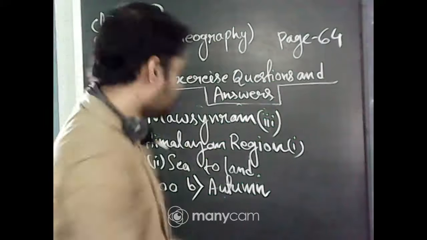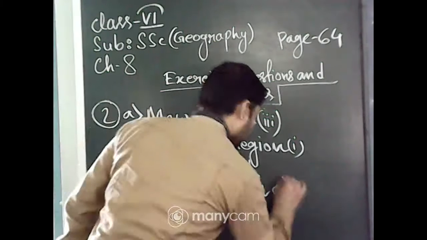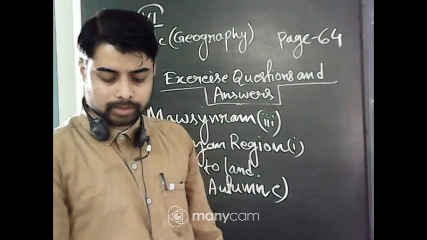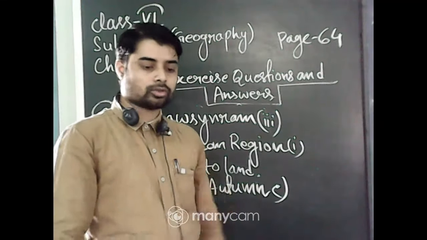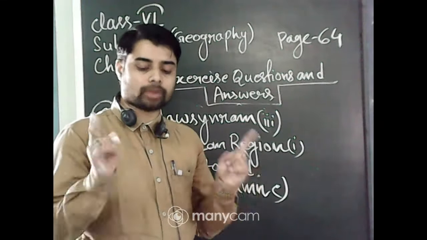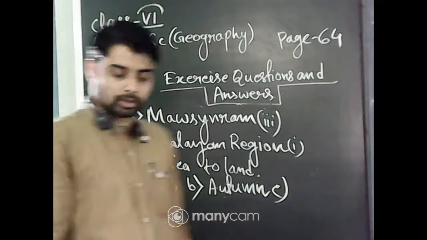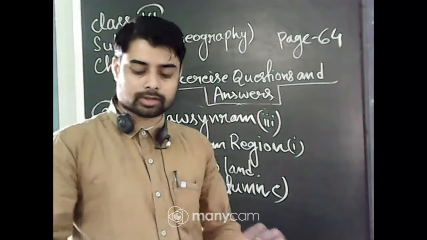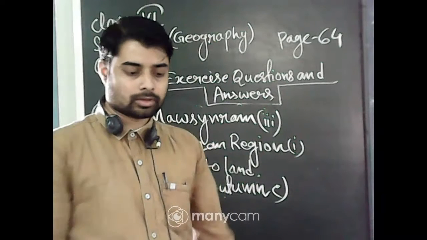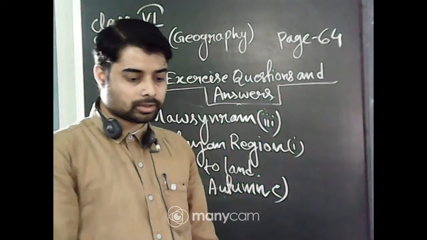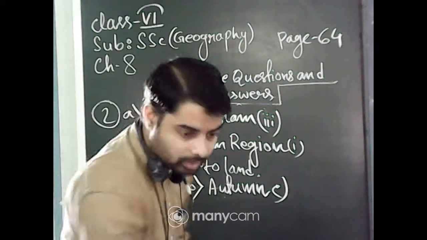Now question number C. So what is the question? C, dash forest in Gujarat is the home of dash. So two blanks are there, so you have to write the two answers here. Yes, Gir forest and Asiatic lion. Anubhav gave the correct answer.